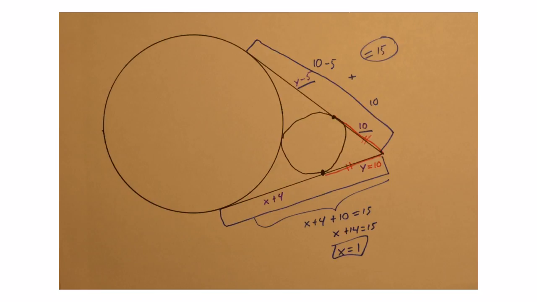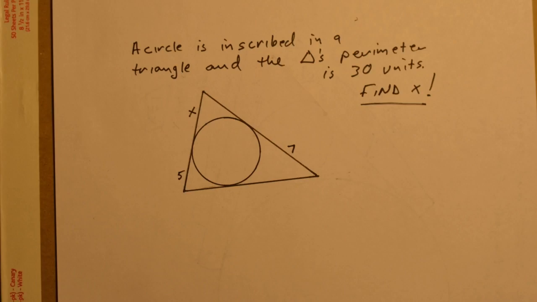Let's take a look at one more example here. Let's say we have a circle inscribed in a triangle, and the triangle's perimeter is 30 units, and we have to find x. First off, if we have a circle that's inscribed in a triangle, that means we create these 3 points of tangency. And so, since we have exterior points, we know that if that little segment is 7, so is the one right below it.